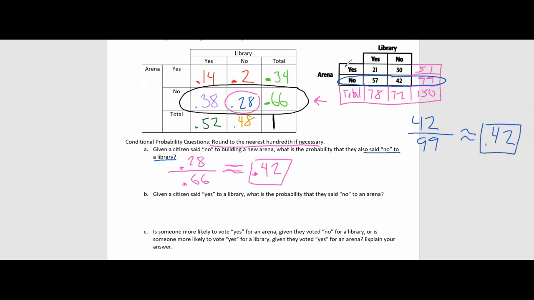So you can see that regardless of whether you have the frequency table, which is what we call this, because it gives us the frequencies or the probabilities, or whether you have the table with the actual number of people or the actual number of outcomes, you can still answer these questions.